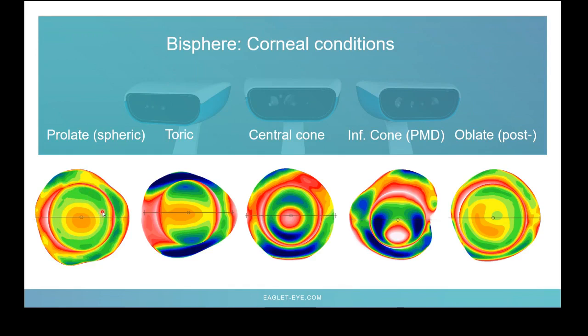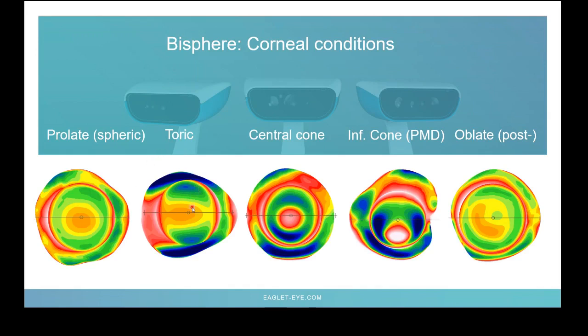It has softer colors compared to all the other conditions you see here. So no extreme red colors, no extreme blue colors. It's more or less symmetrical in appearance. So you see a green-yellow area, which means it is not really elevated or depressed. And something which looks like a cone, but it has soft colors. So this is not a cone, but this is the normal prolate shape of a spheric eye.